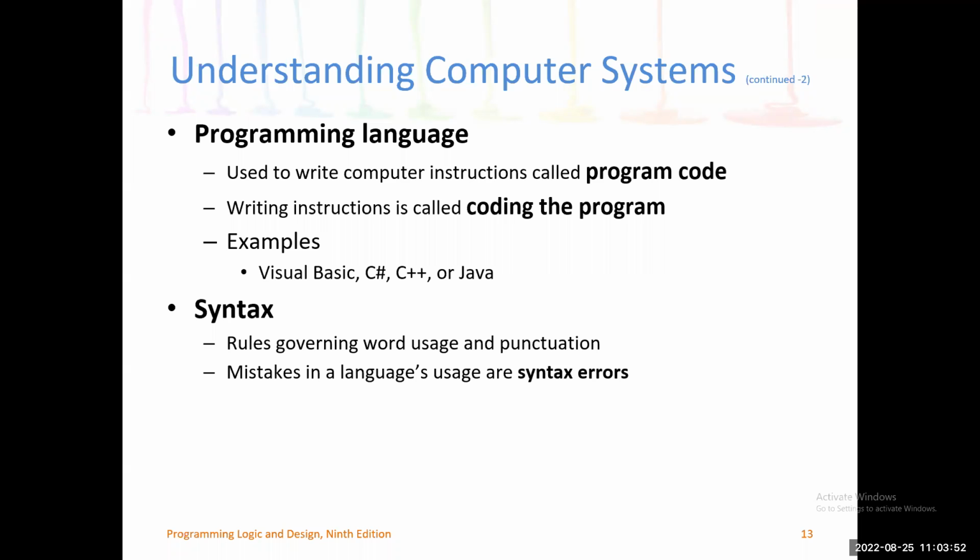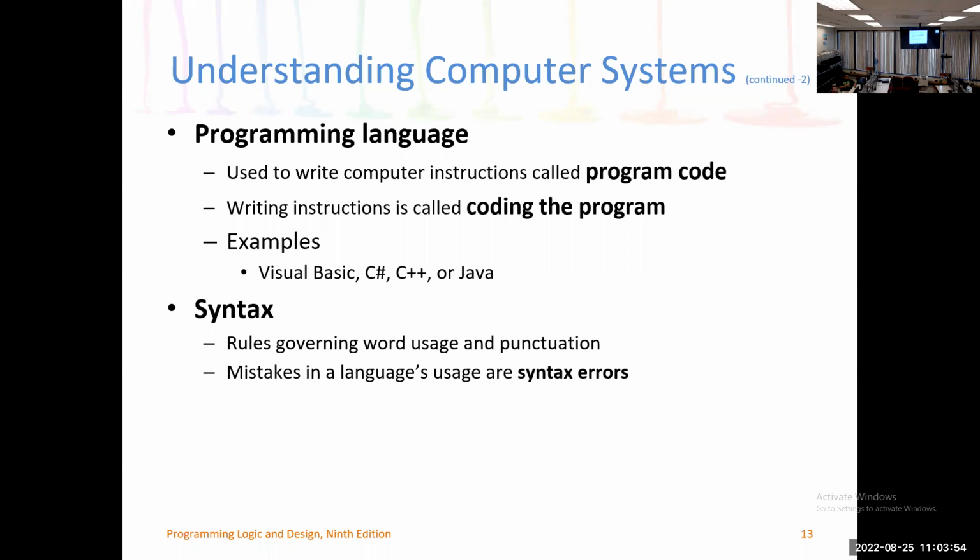If you input the language incorrectly, and then the logic error is where the code runs but gives you the wrong output. Yeah, right. So syntax error belongs to the programming language, and whenever you have a syntax error, the program stops, and it only runs when you fix it. And a logic error is where the program runs, but the output is not what is expected.